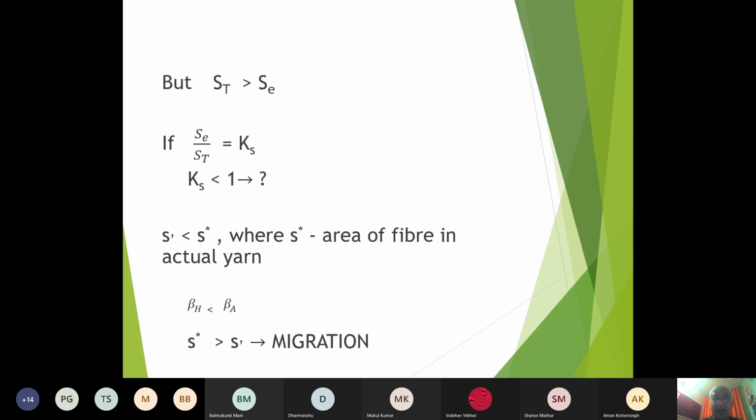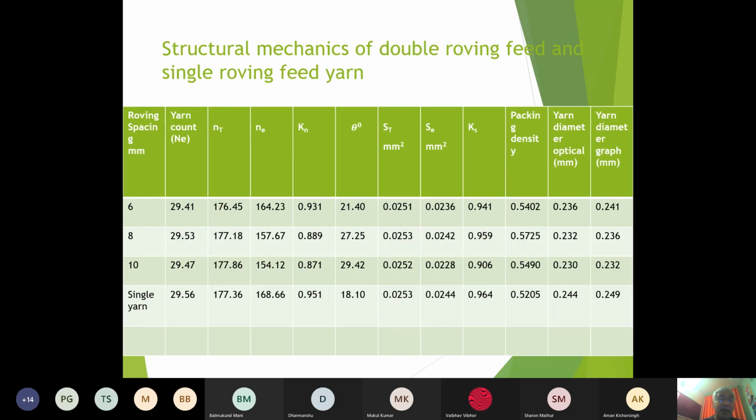Okay, let's take it, since you raised this question here. You see, this is the table. Now here you see what we did. We made this yarn, which we call the double roving feed system. It is normally a ring spinning system, but instead of one roving, which is the normal case, in this special case we have fed two rovings parallel to each other, drafted them and made the yarn.